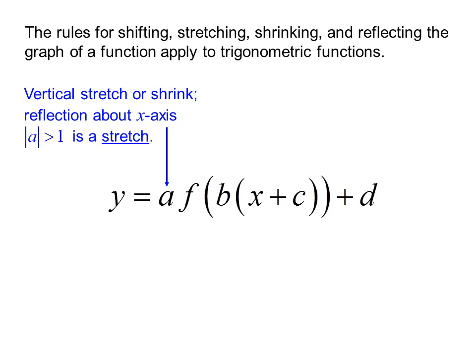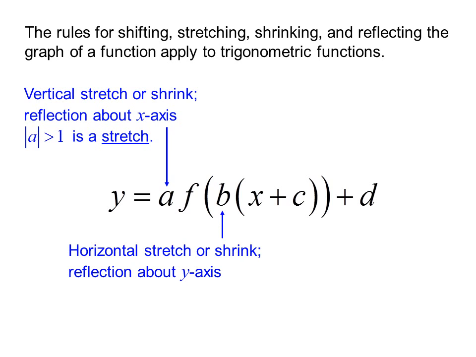The absolute value of A greater than 1 makes a stretch. The coefficient inside the parentheses causes a horizontal stretch or shrink, reflection about the y-axis, and if the absolute value of B is greater than 1, it's a shrink.